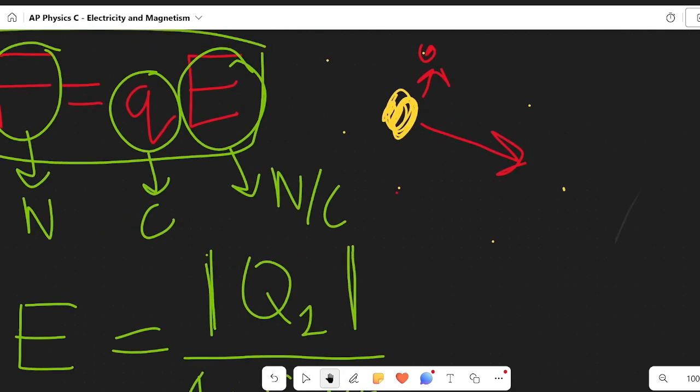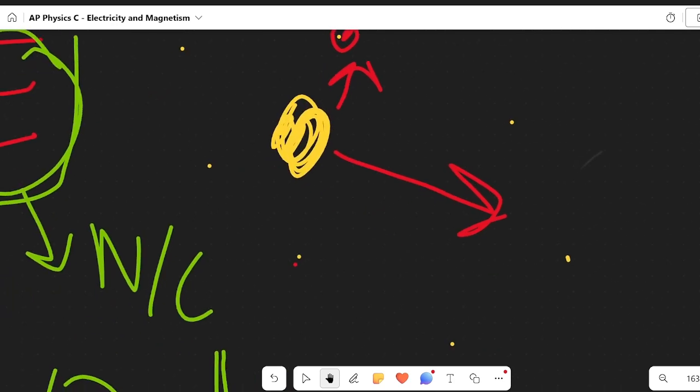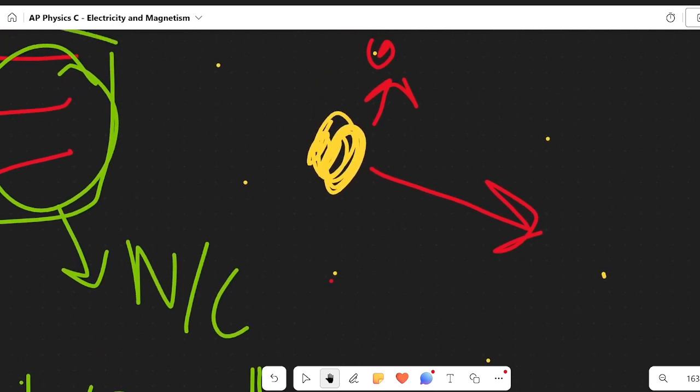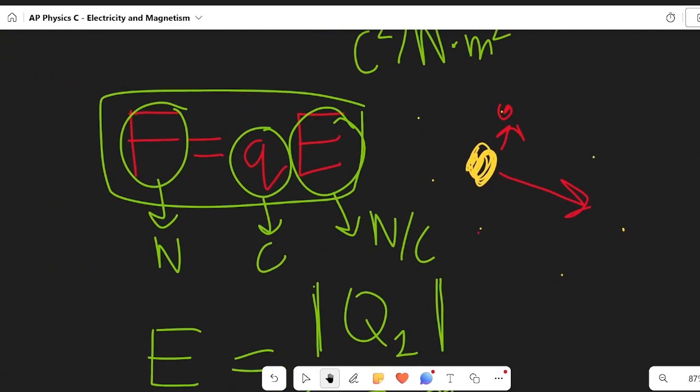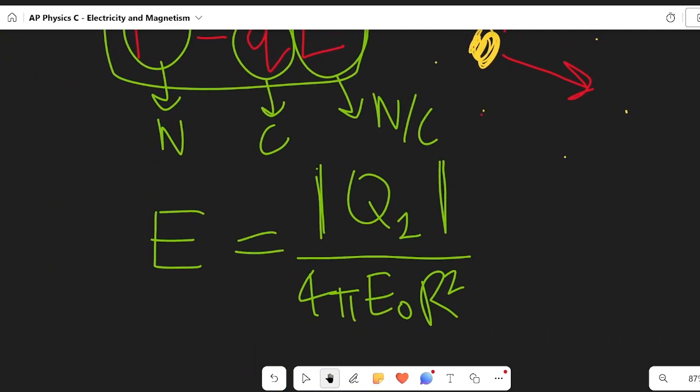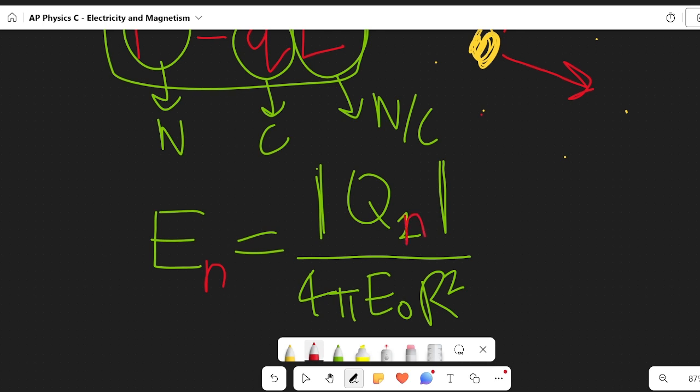Same formula. So with electric field, like I mentioned earlier, it can be in a space where there are many different points, right? So here is where we will introduce a concept of superposition, which will essentially say that if we evaluate the electric field, it's better if we put a subscript, E of n, and then in this case, it'll be Q of n.